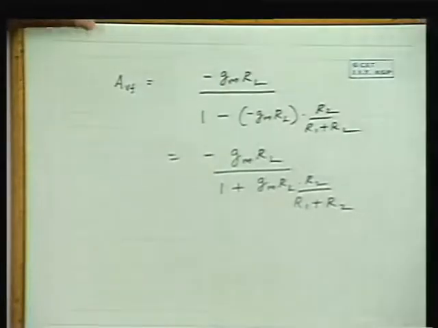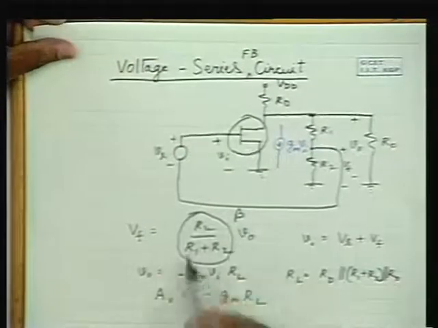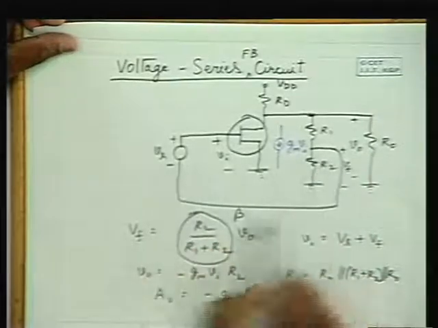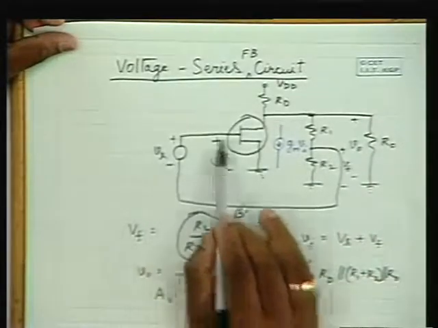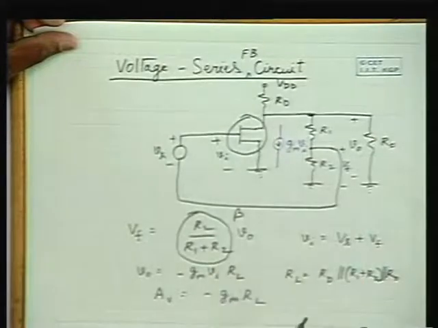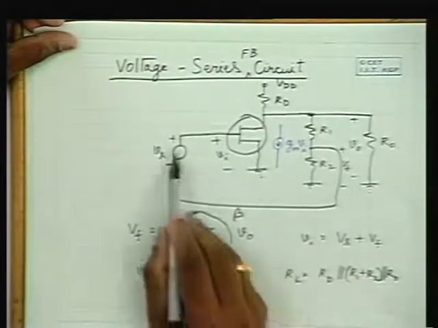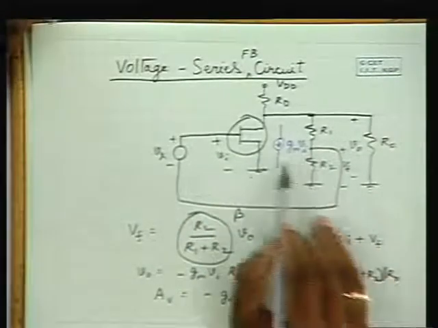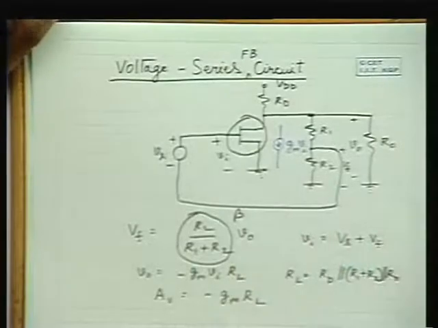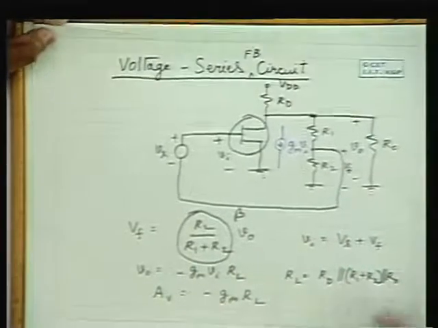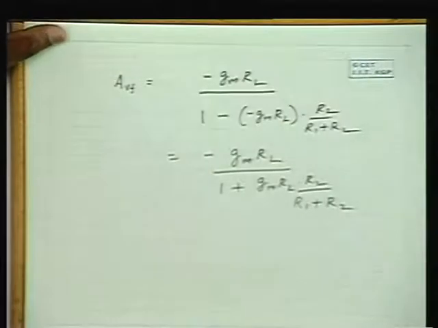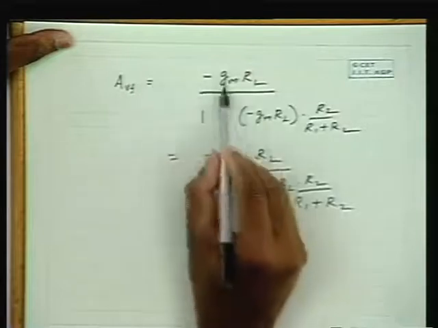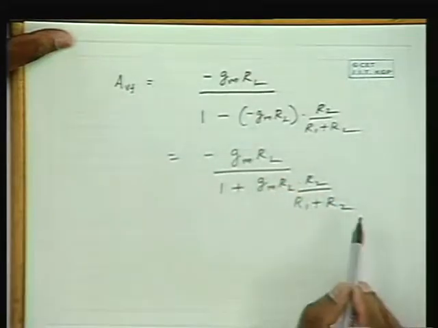So here what we did is, from the circuit we identified what is beta. Of course, we identified the way the signal is adding to the input, and we found the gain without feedback, only between Vi and the output when RL is connected without feedback, the gain is minus Gm RL. Then we applied the feedback amplifier principles and found the amplifier gain with feedback as A by 1 plus A beta, and this is what we got.